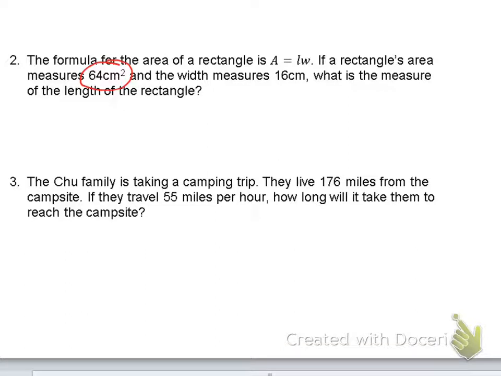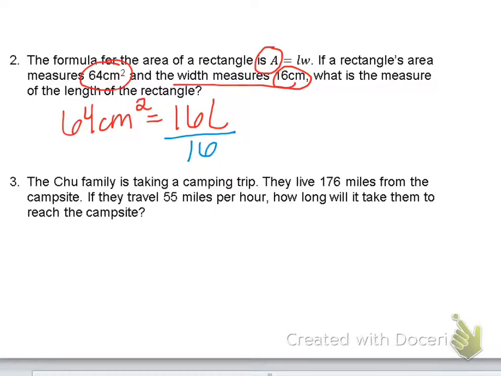We know that 64 is the area, and that is equal to the length times the width, and we know that the width is 16, so that would be 16 times L. Now we just need to solve for L. So we'll do inverse operation, divide by 16 centimeters on both sides.